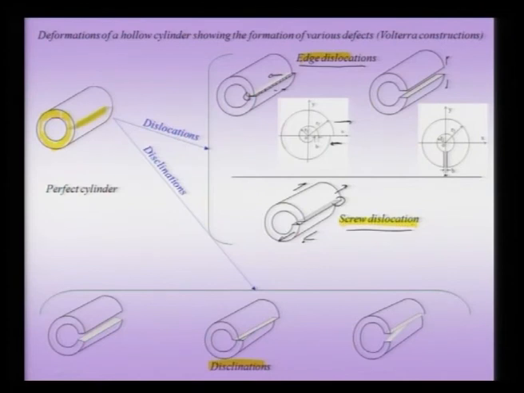So, let me go over this slide, because this is perhaps often not discussed in detail in the crystallographic or crystal description of a dislocation. Herein we start with the perfect hollow cylinder. We make a cut here and separate out the two faces. So, I made a cut here, and therefore now I have two free surfaces.